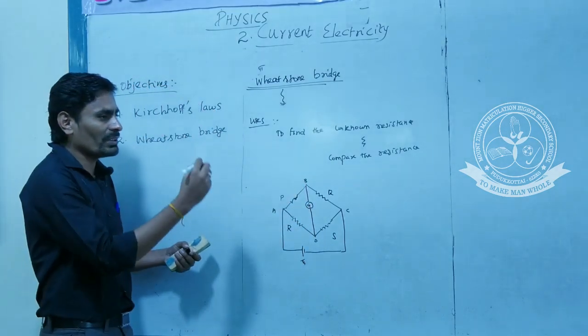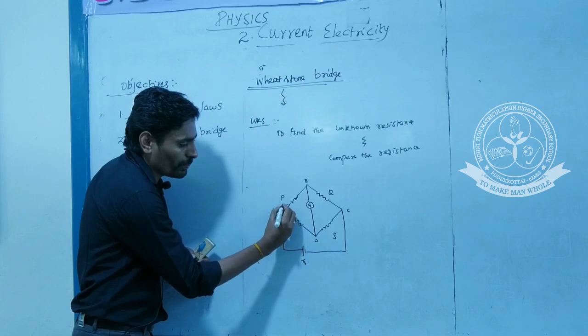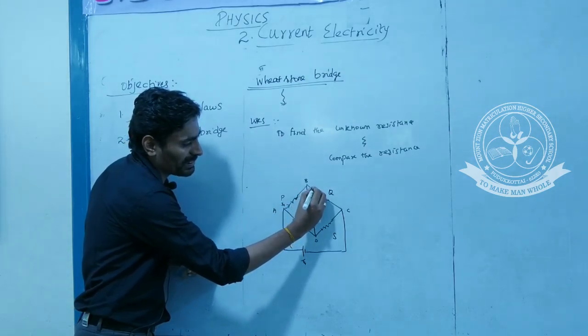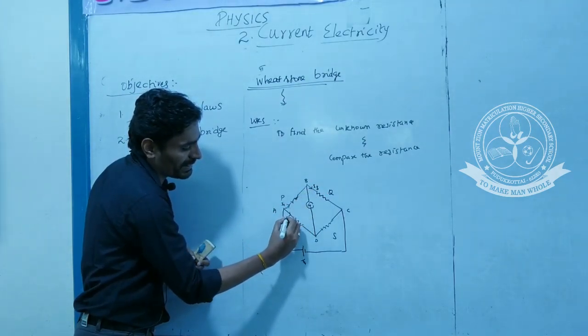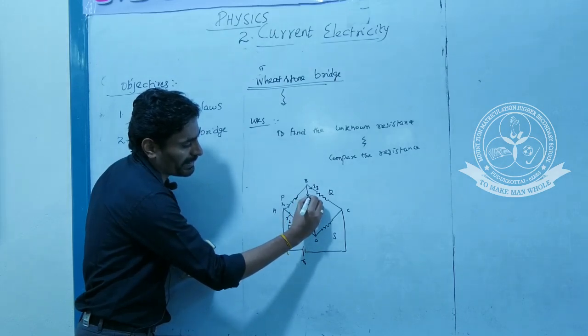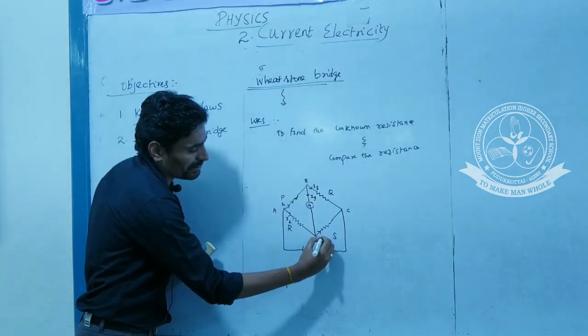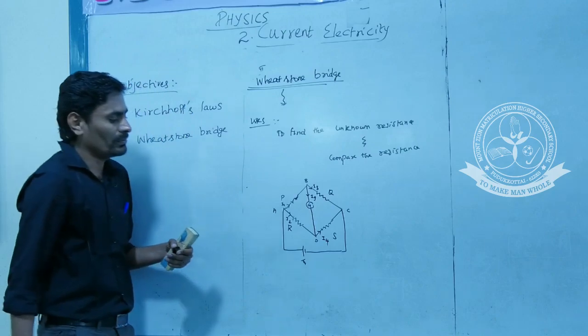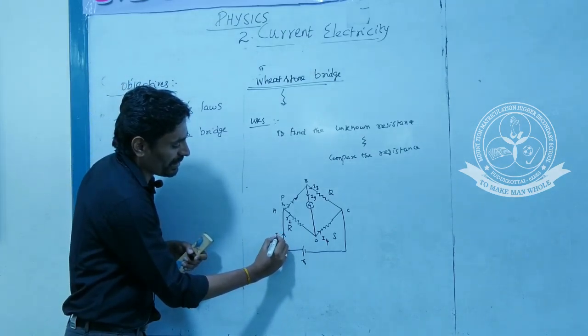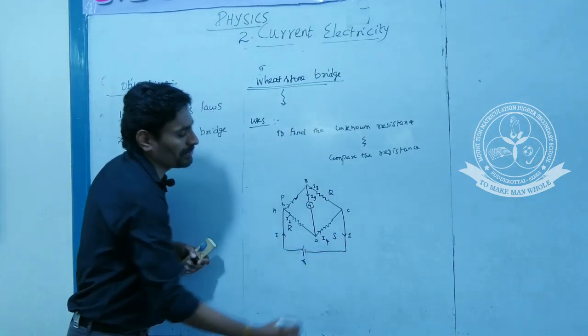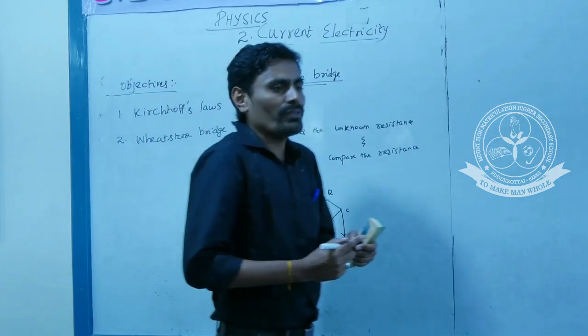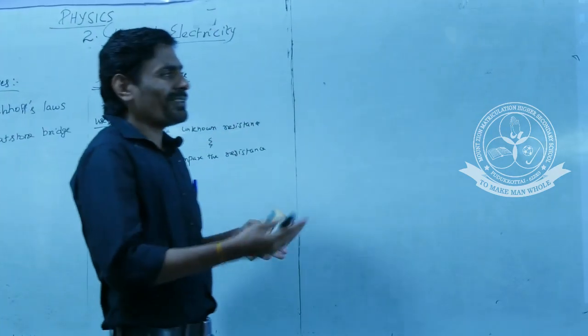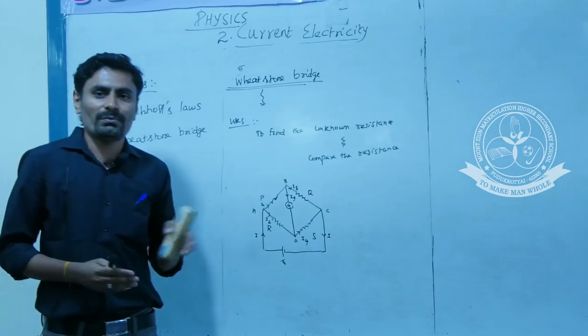So note the direction of current: I1, I3, I2, Ig, then I4, going in this direction. So we calculate the condition for bridge balance.